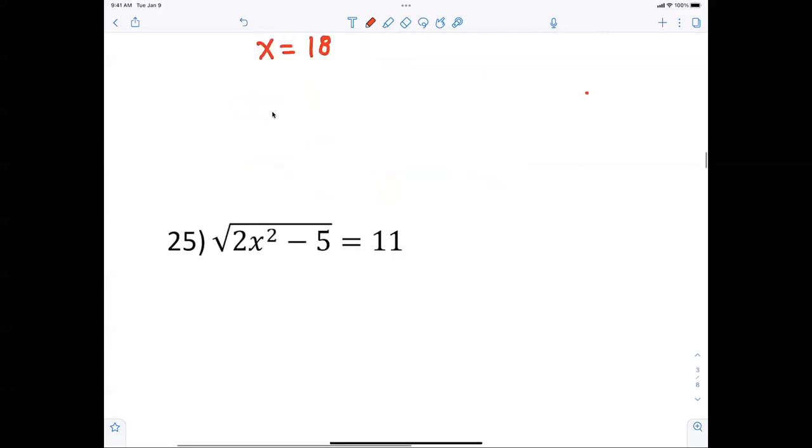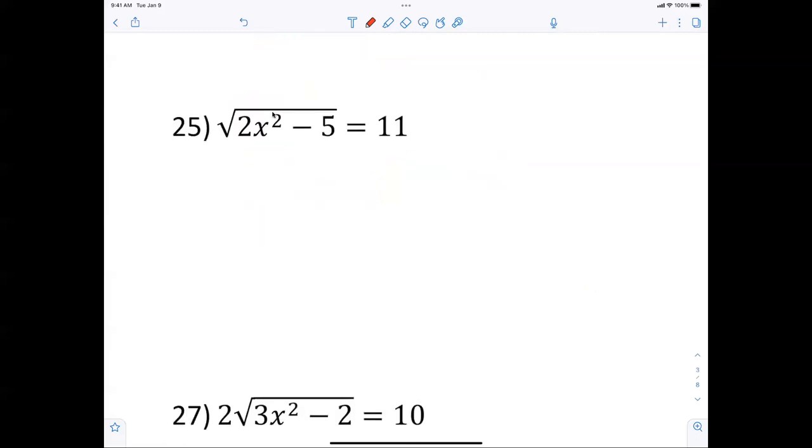All right, here we go. 25. What am I doing first? Squaring. So now I have 2x squared minus 5 equals what? 121. Wow, without a calculator.